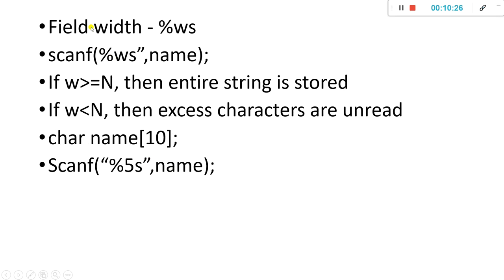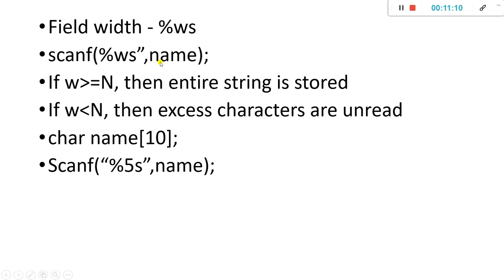Another important point which you need to keep in your mind while scanning is field width. If you want to limit the number of characters you read from the user, you can give it like this, %ws instead of %s. This w represents the width of the string. So if I write scanf %ws, comma, name, in that case, even if the size of the name array is 10, and I mention %5s, it will only read 5 characters.